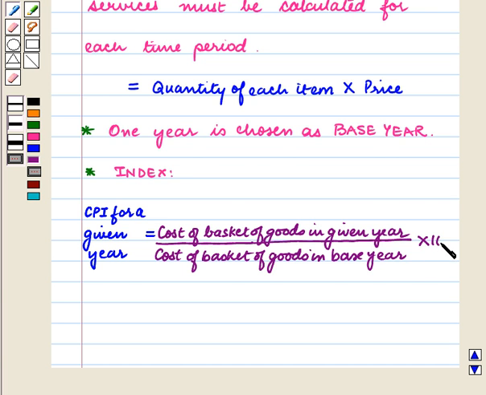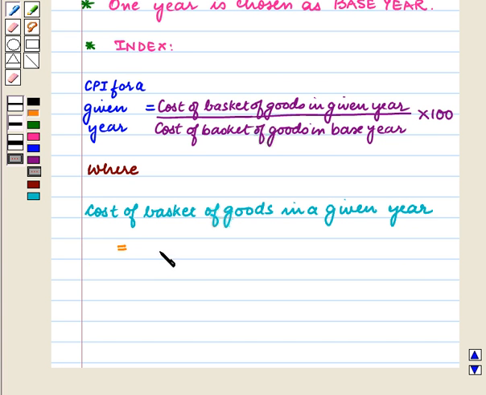into 100, where cost of basket of goods in a given year is found by multiplying the quantity of each item with its price in the given year and adding them together.